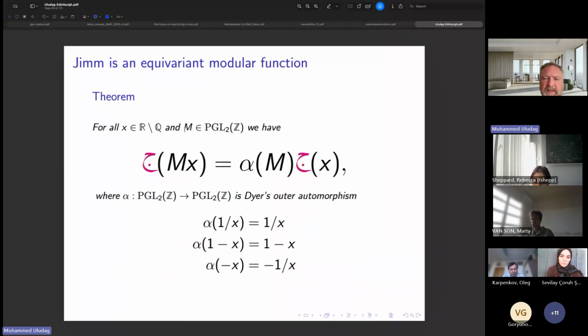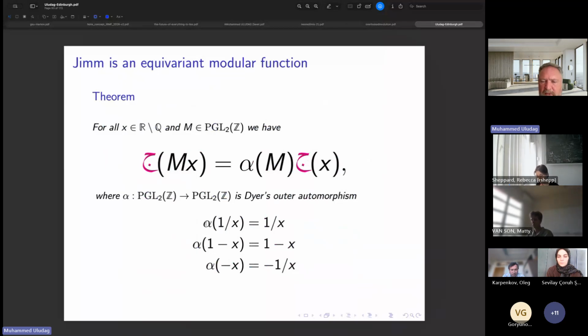To be more precise, for all irrational x and for every integral unimodular matrix m, we have Jimm of mx equals alpha of m times Jimm of x. This is not the usual multiplication, of course. So alpha of m is a matrix, which is the image of m under Dyer's automorphism.